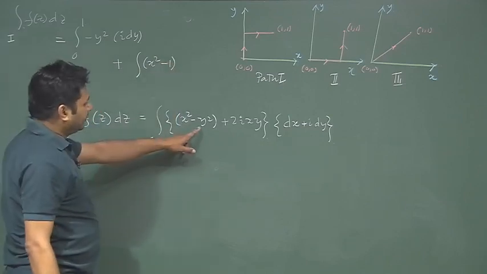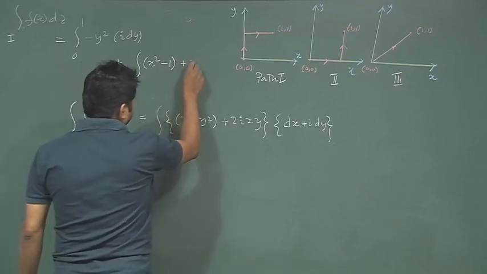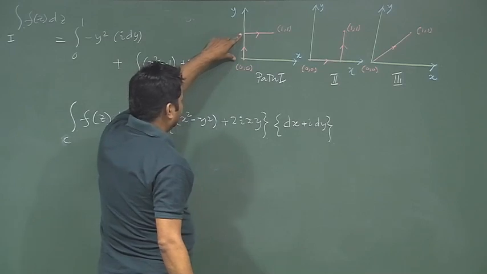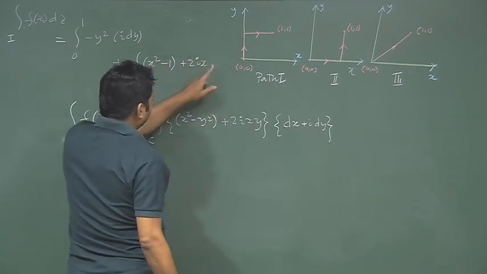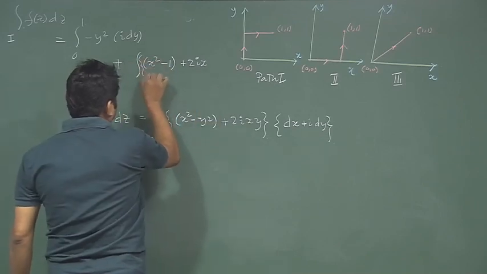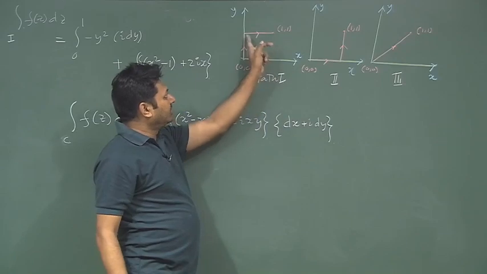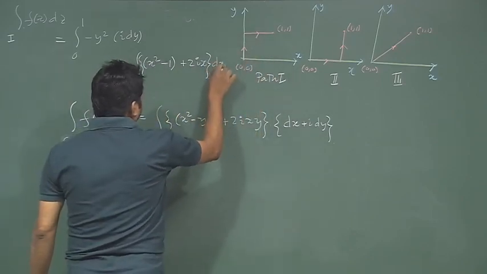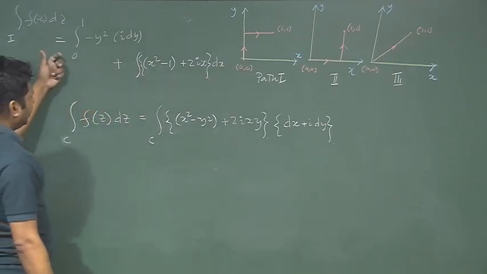So, I directly put this 1 here, it is plus 2 I, x is changing but y is not changing. So, y is 1 and dy is 0 because there is no change in y here. So, I should put dx here. Now I need to evaluate these things.